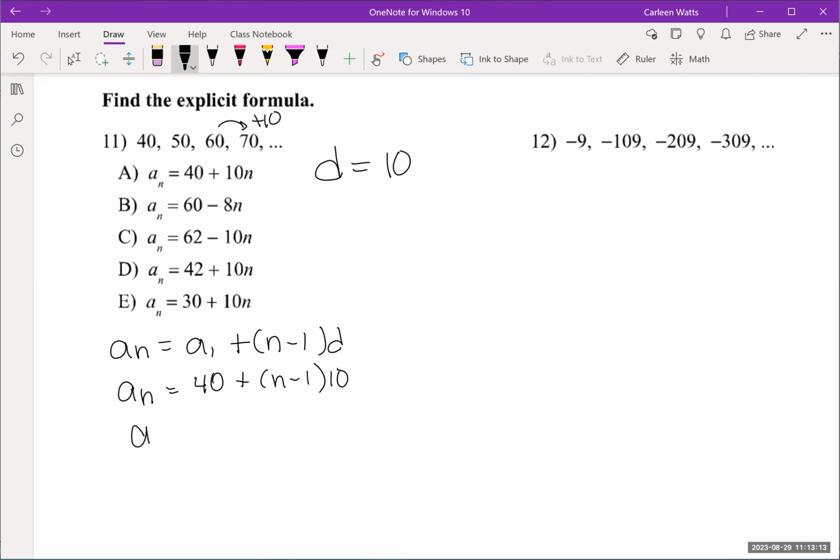Okay, a sub n is 40. Now, what am I going to do with that 10? Starts with a D. Multiply, otherwise known as distribute. 10 n minus 10.